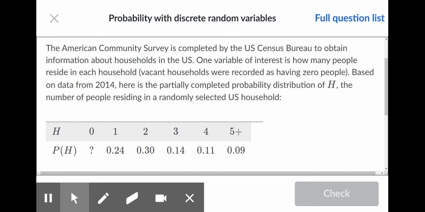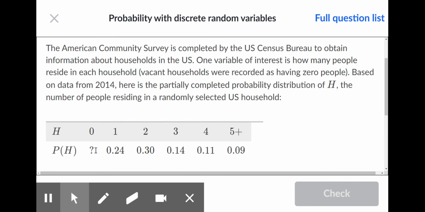Here is the partially completed probability distribution of H, where H represents the number of people residing in a randomly selected US household. So 0, 1, 2, 3, 4, and 5 plus, that means 5 and above.